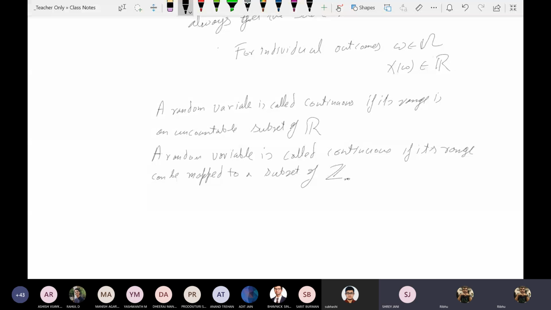But the set of rational numbers isn't that convenient to think of.